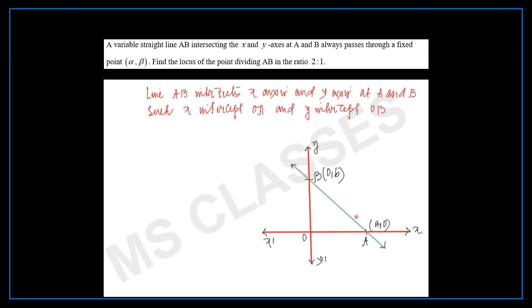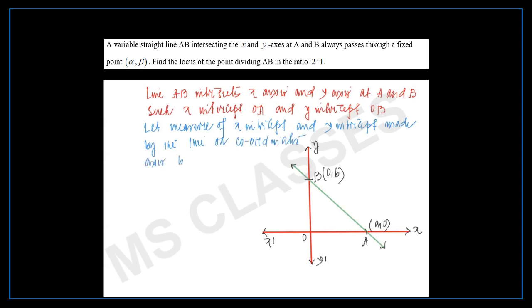So first of all, we can find the equation of this line because we know the x intercept and y intercept. So we write here, let the measure of x intercept and y intercept made by the line on the coordinate axis be A and B respectively.